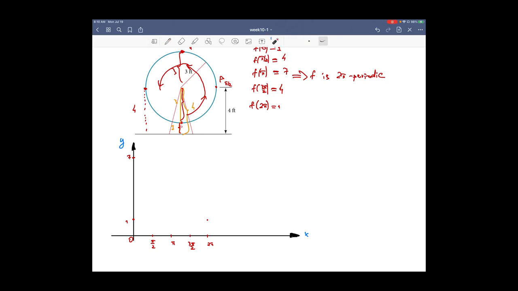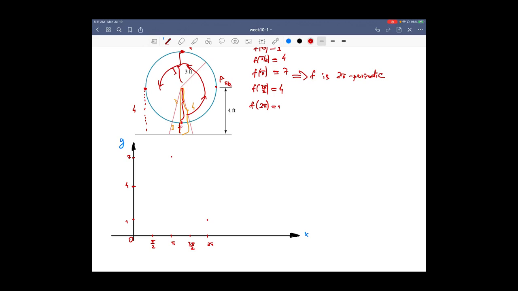Okay, so this distance is then 6. Halfway will be 4. So at pi we have value 7.